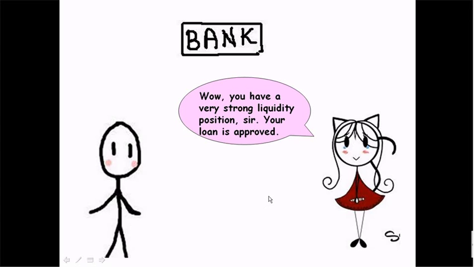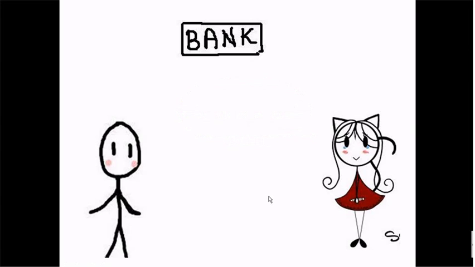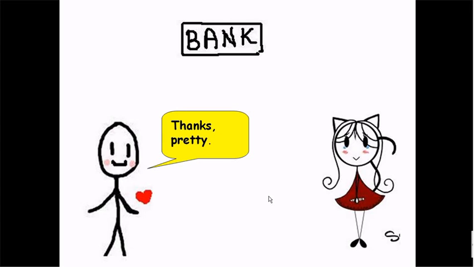If they are happy with the numbers there, and they think that your ability to pay back is strong, then they approve your loan, and of course you'll be happy as well, because you got the loan approved.